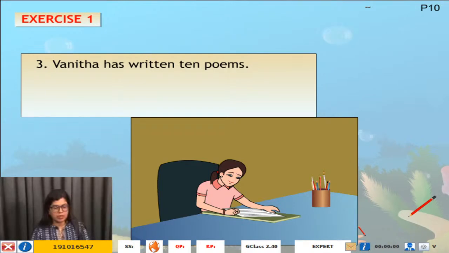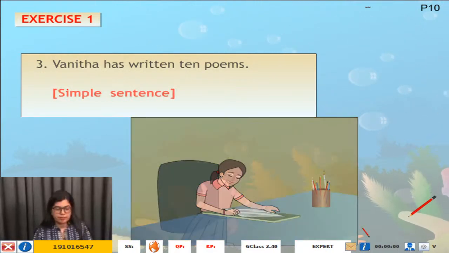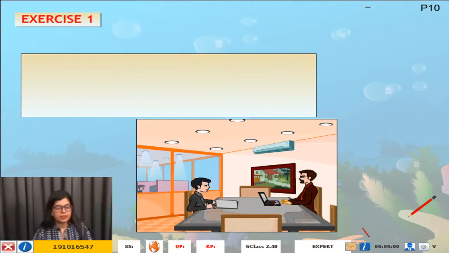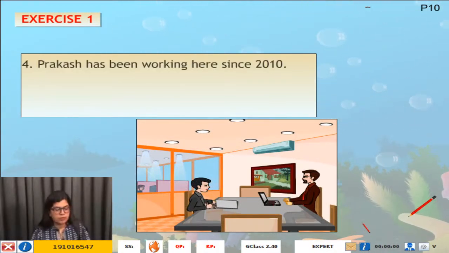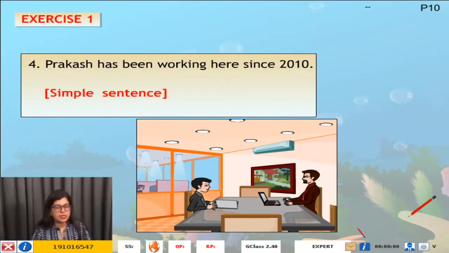Here we have 'has written'. What type of sentence is this? Yes, simple sentence. Then, Prakash has been working here since 2010. Simple sentence.